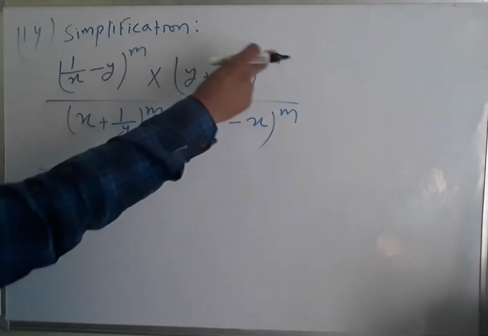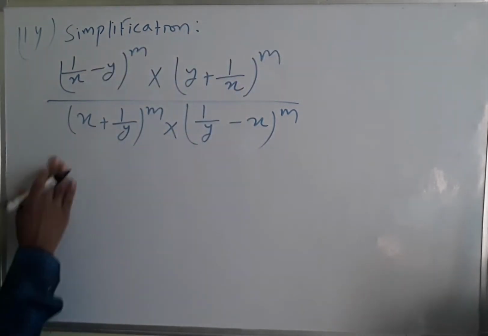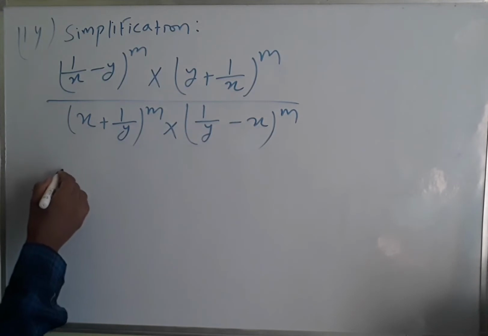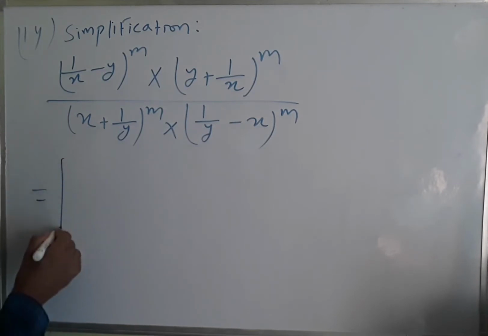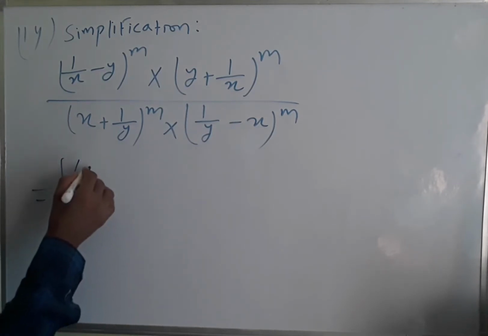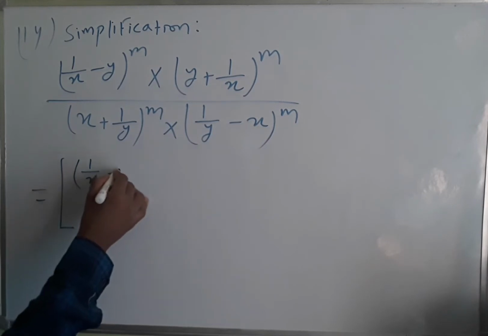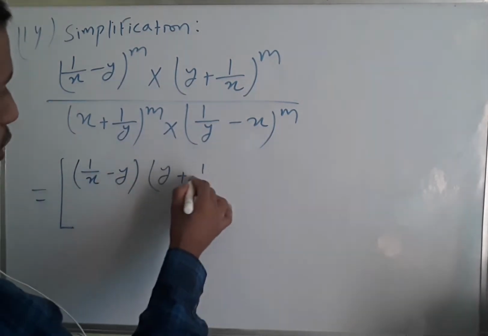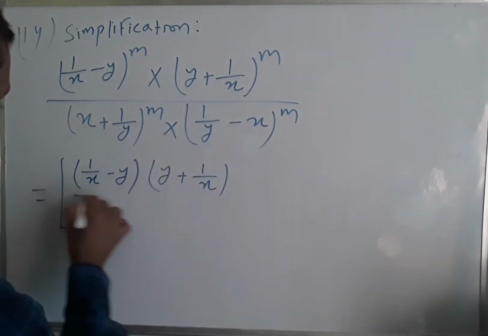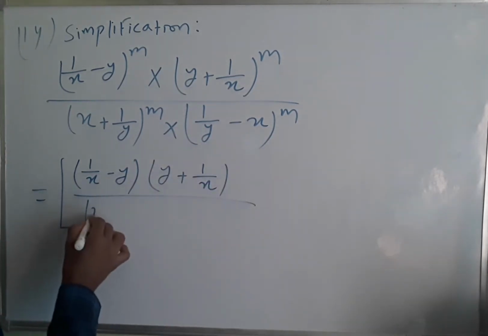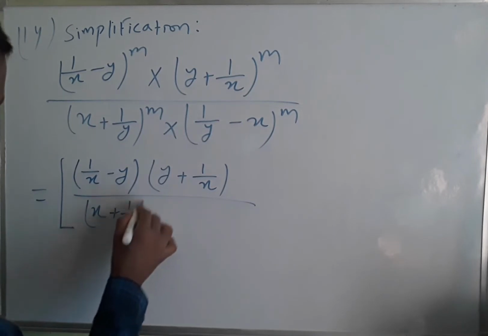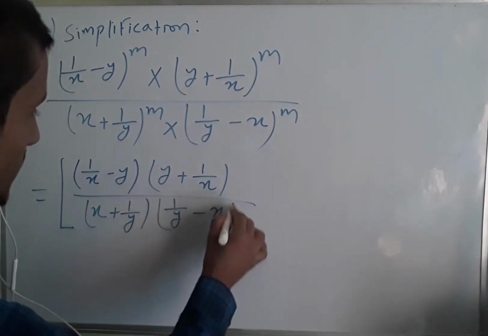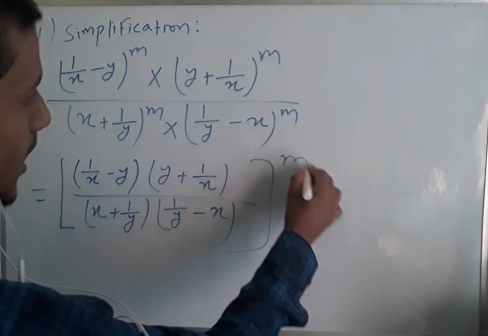We have the same exponents all over there, and at the bottom here. Let's take the big bracket here, 1 over x minus y times y plus 1 over x, this whole divided by x plus 1 over y times 1 over y minus x, to its whole power m.